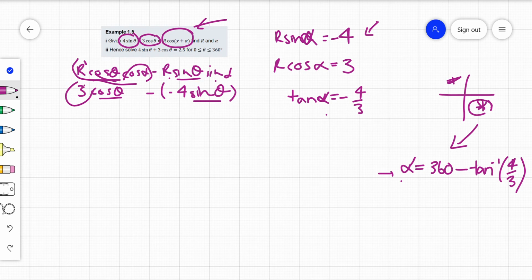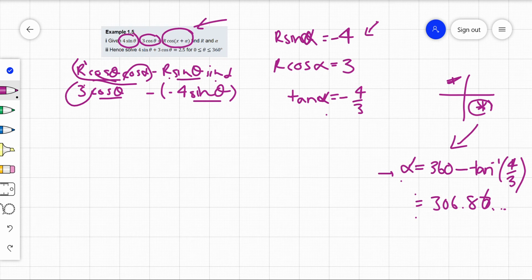It equals 306.87-ish, but I'm going to store it so I've got the exact answer in my calculator. Now if I go back, don't forget the R.